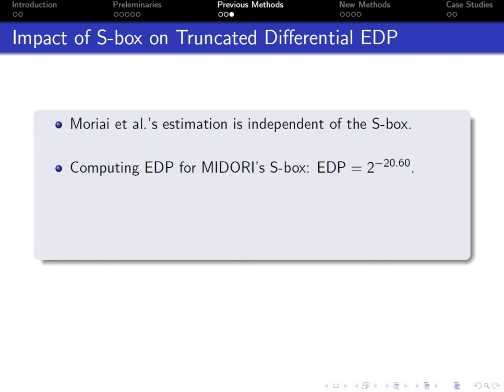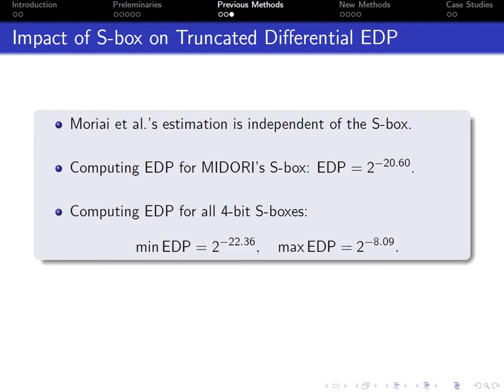For the S-box used in the MIDORI block cipher, we used our methods to compute the expected differential probability of this truncated characteristic, and we found that the exact value of this probability is about 2 to the minus 20. As you see, there is a big gap between the value given by Moriai et al.'s method and the exact value.